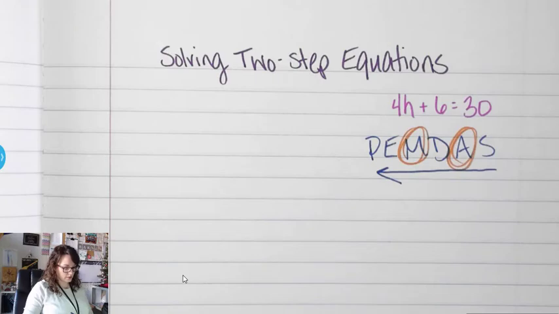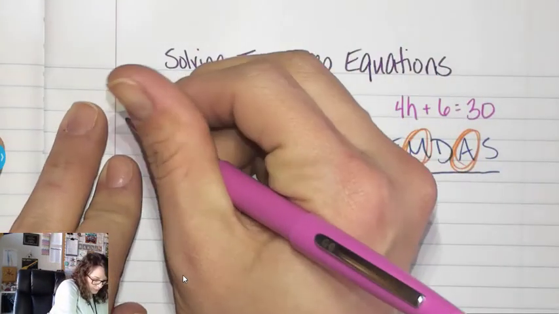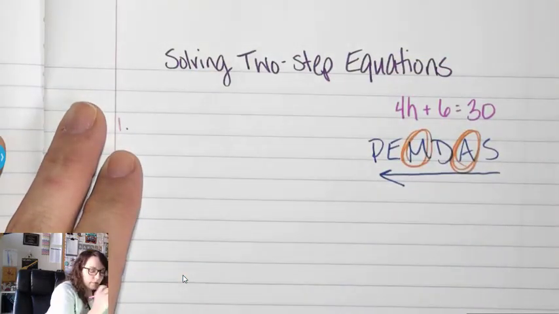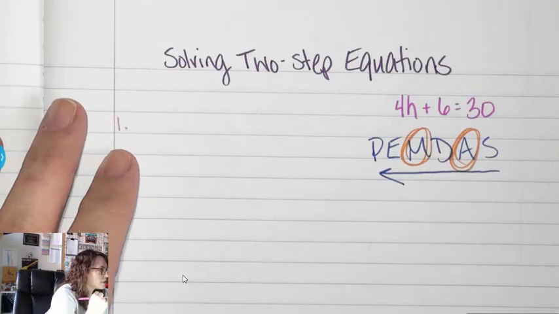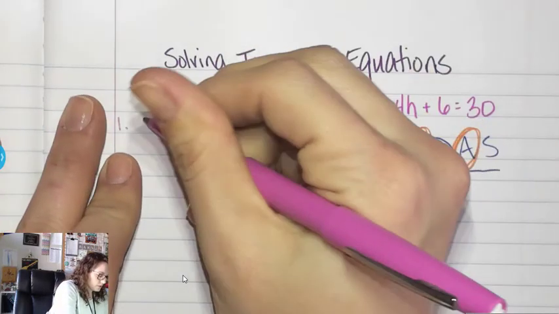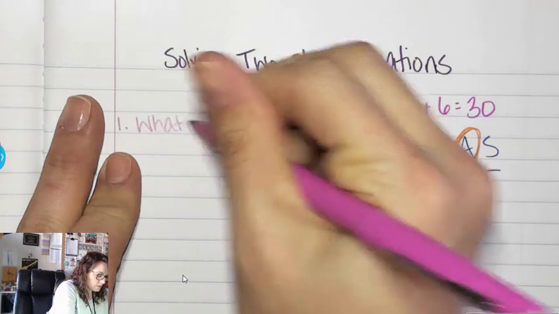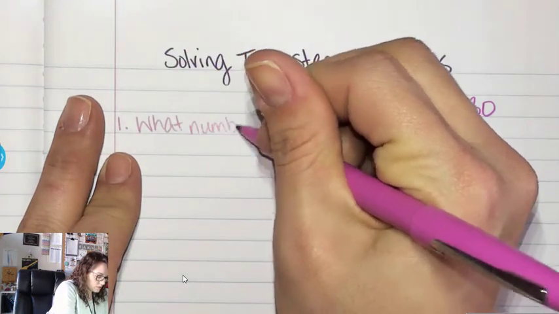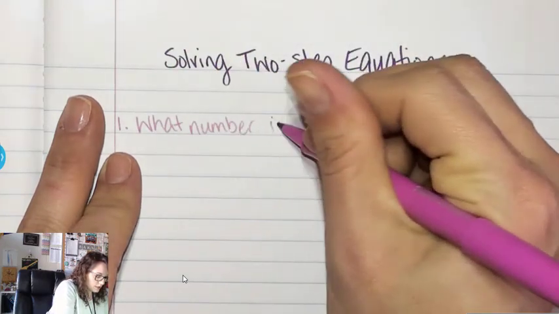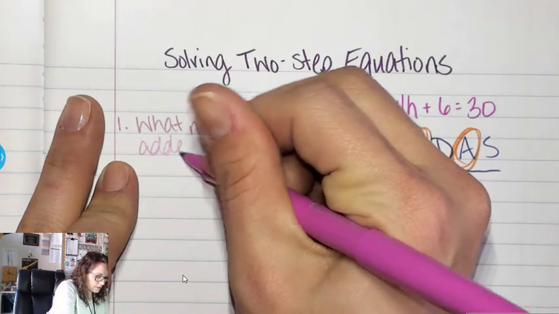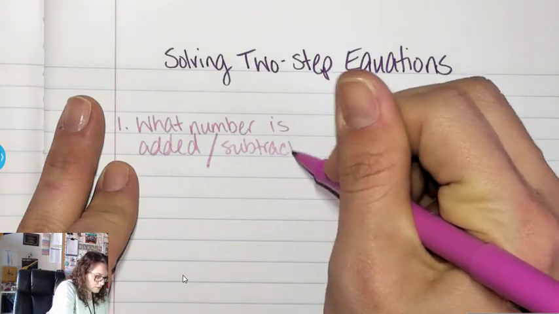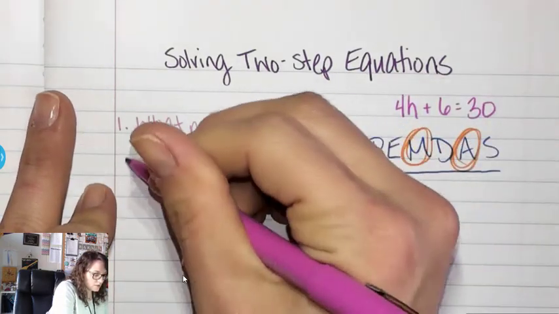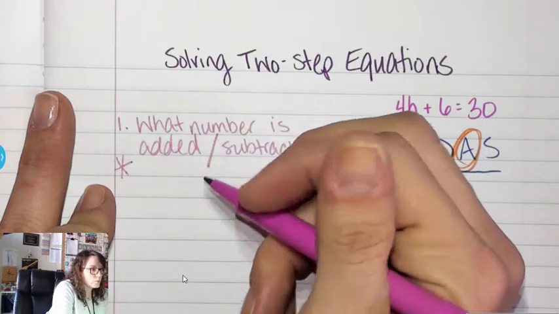Okay, so the first thing, step 1, you want to find the number that's being added or subtracted first. What number is added or subtracted? This number is not going to be with the x.